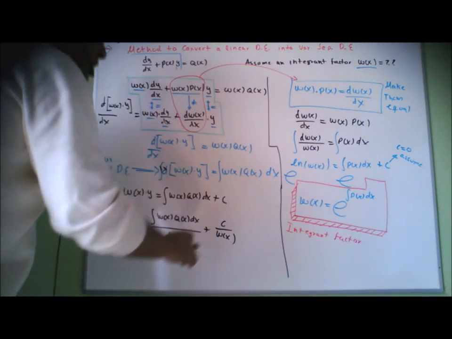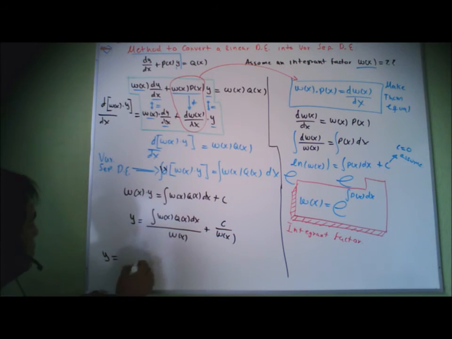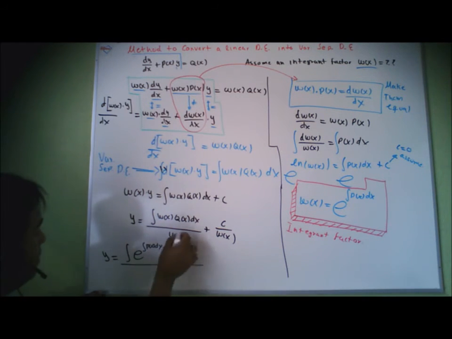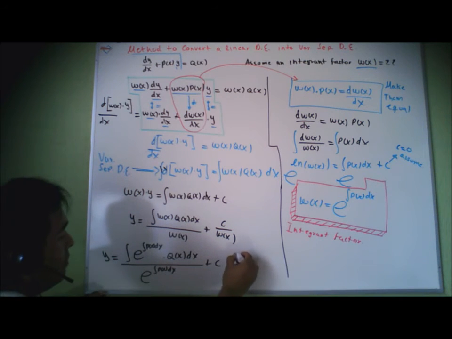The w of x is the exponential. So the y, the general solution, is going to be the integral of w of x, which is the exponential of the integral of p of x, differential of x, times q of x, differential of x, plus the constant, over here w of x again, the exponential of the integral of p of x, differential of x. But I'm going to write the exponential in the numerator, the exponential of the minus integral of p of x, differential of x.